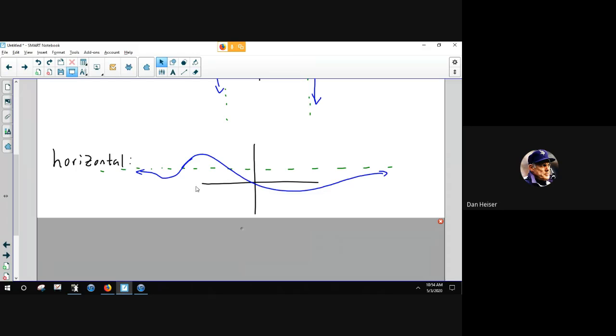Just like here, if x gets very, very negative, the function will eventually approach it and not cross it again. Think of a horizontal asymptote as kind of a limit, or in the long run, we'll get really, really, really close to this number. In the short term, we can cross it.